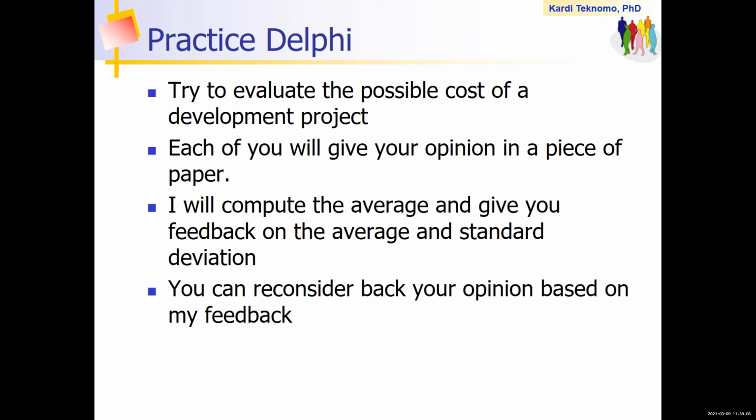So this is how you change your opinion based on a feedback system. Eventually, the group decision will converge to a certain value and the standard deviation will gradually reduce.